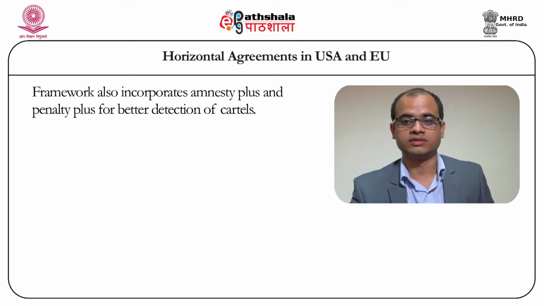Under amnesty plus, for example, the Antitrust Division will give a benefit to a company being investigated for criminal activity in product market X for any criminal activity in another market also. This is the reason why it's called amnesty plus.